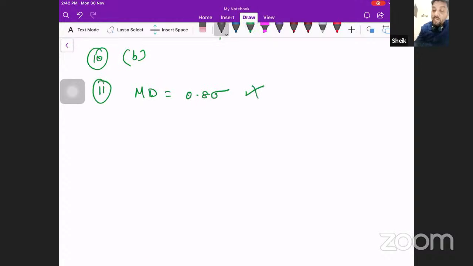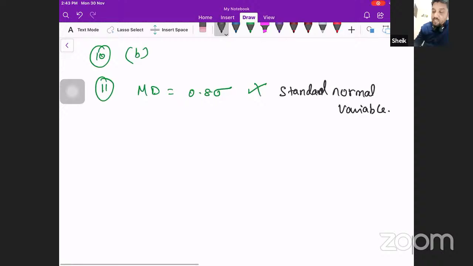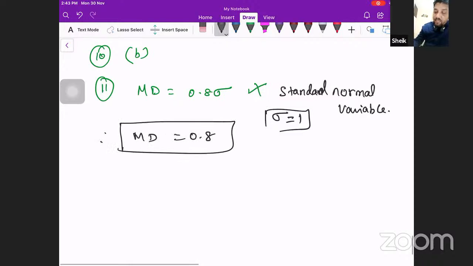Okay. You have to be very careful while reading the question. It is clearly given. What is given, you know? Standard normal variable. When a standard normal variable is given, I think I already told you, sigma is equal to 1. So therefore, the mean deviation is 0.8, which is the right answer.